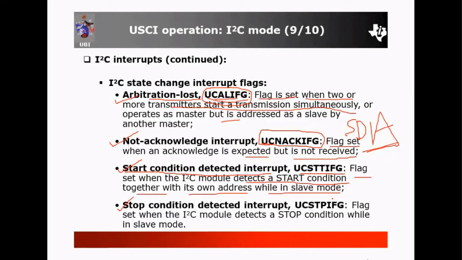So this interrupt is generated when it is in slave mode and it detects a start condition. The next is the stop condition detected interrupt. The UCSTPIFG flag is set when the I2C module detects a stop condition while in slave mode. So UCSTTIFG is used for the start condition, and UCSTPIFG is used for the stop condition while in slave mode. You can remember just these two points.